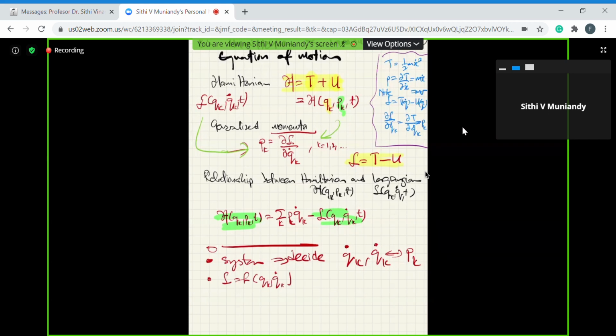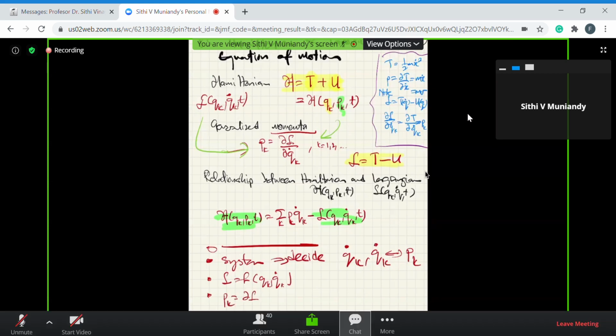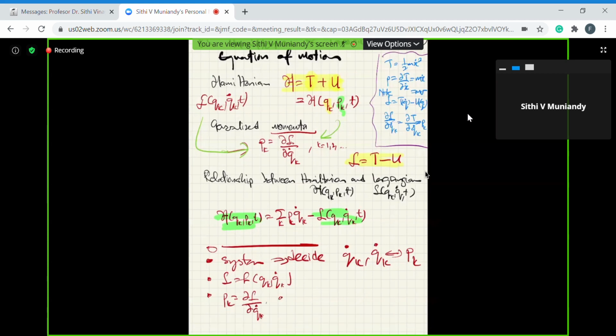Once you get that, step 3 is to prepare all the momenta that you need, for k equals 1 up to any number. So you have to find out the momenta for every coordinate.